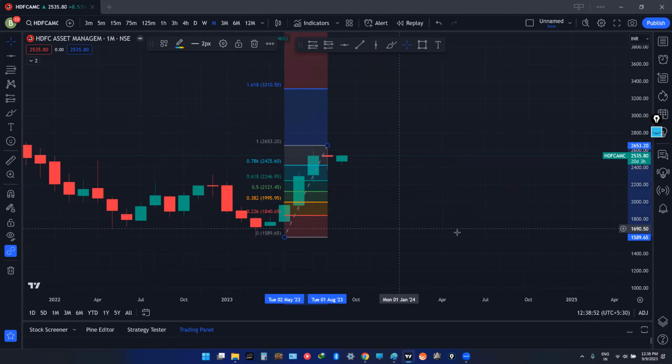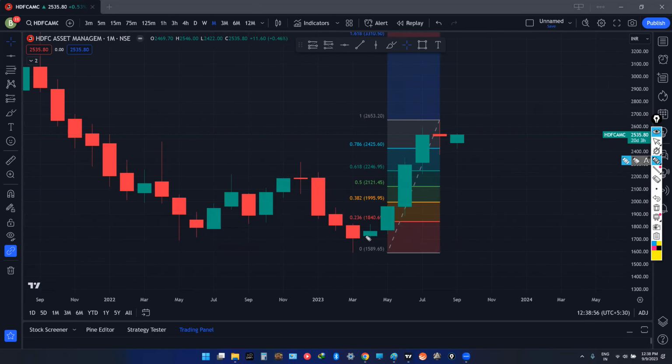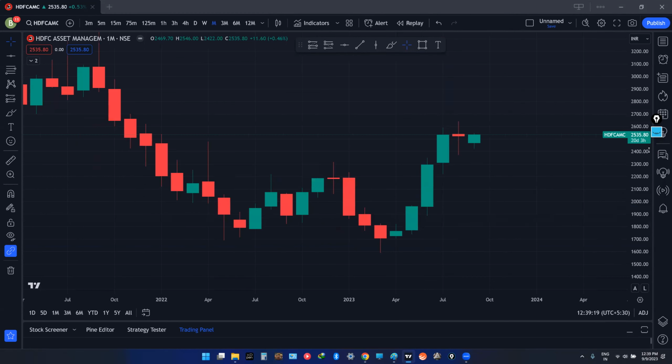So like this, they draw something, and then they say this is 50%. 0.5 means 50%. So they say when the price comes to this area, 0.5, and if it reverses from here, then you buy. These are the levels from where the price retraces, you need to buy based on Fibonacci retracement. This is what I think generally people teach.